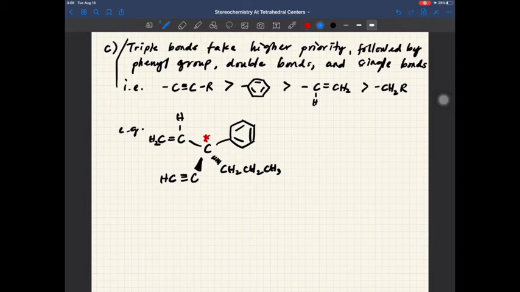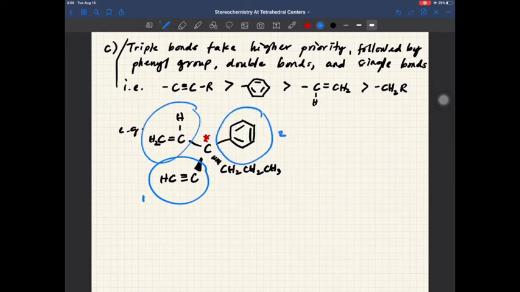Now, we have to assign chirality to it by labeling these substituents based on their priority. Based on the third rule of CIP, this alkyne takes the highest priority, followed by the phenyl group, followed by this alkene, and finally you have this alkane which has the lowest priority.